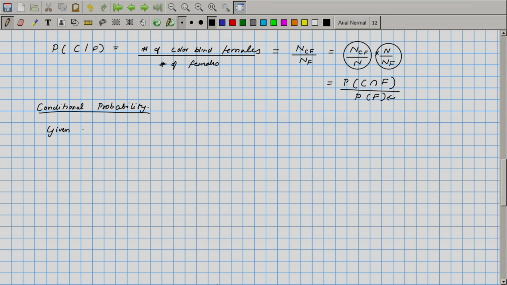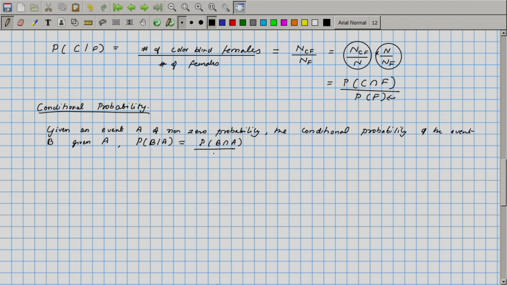So, given an event A of non-zero probability, the conditional probability of the event B given A, written as probability of B given A, is defined as probability of B intersection A by probability of A.